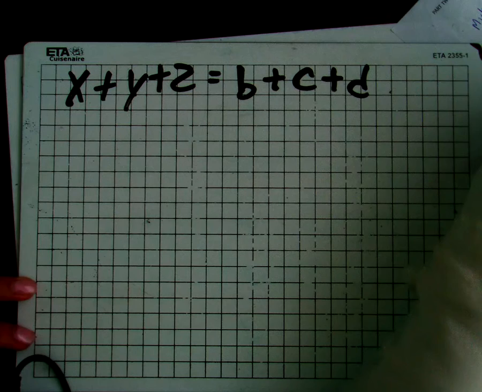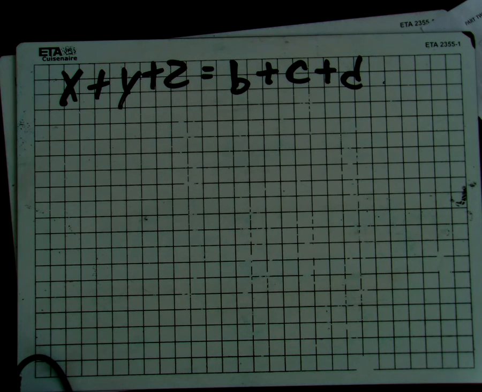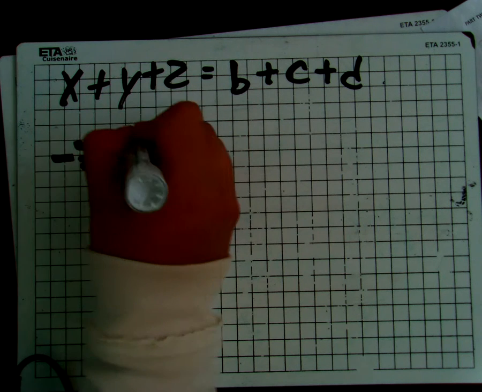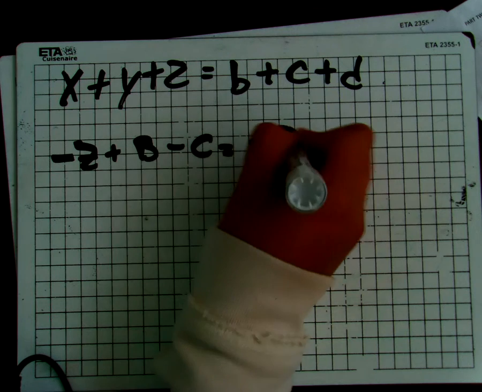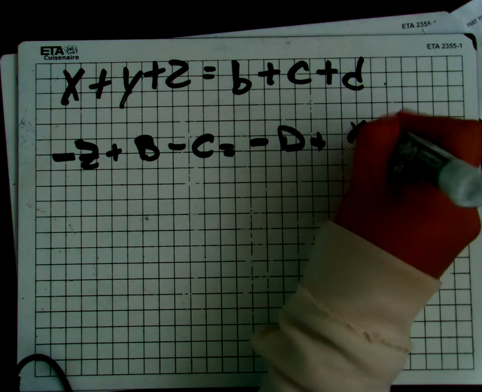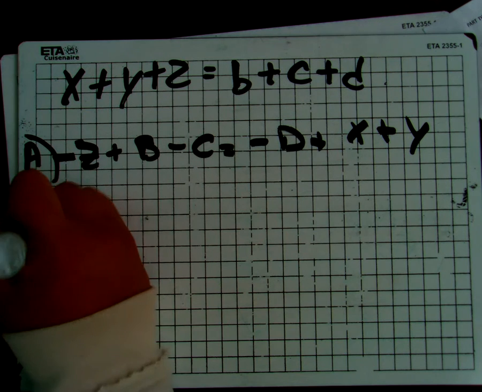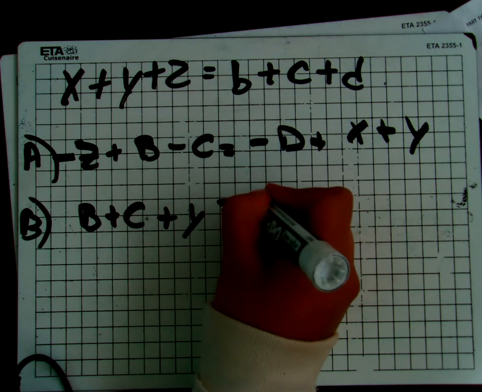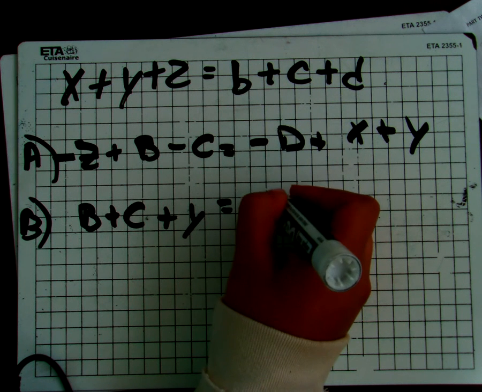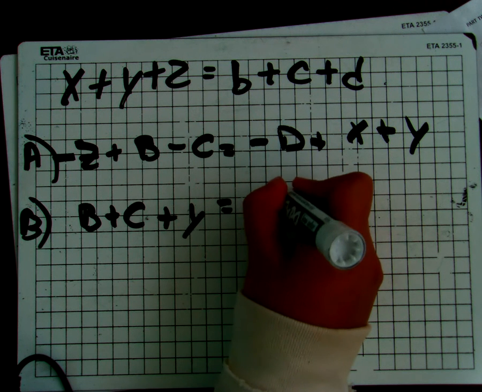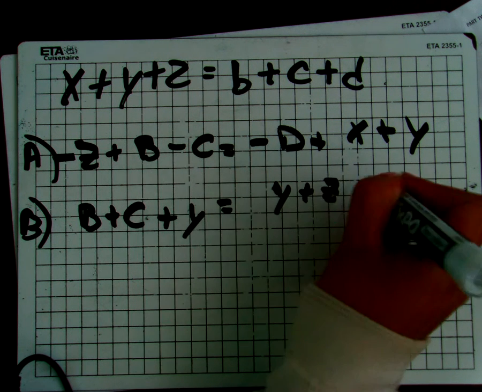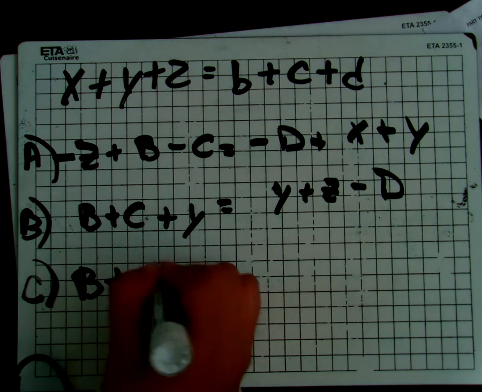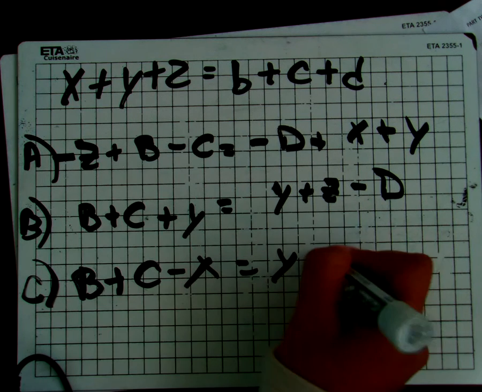Okay, so if you were given the following options for which is correct, let's say this one was negative z plus b minus c equals negative d plus x plus y, that's answer choice A. Answer choice B is b plus c plus y equals y plus z minus d, or C, which is b plus c minus x equals y plus z minus d.